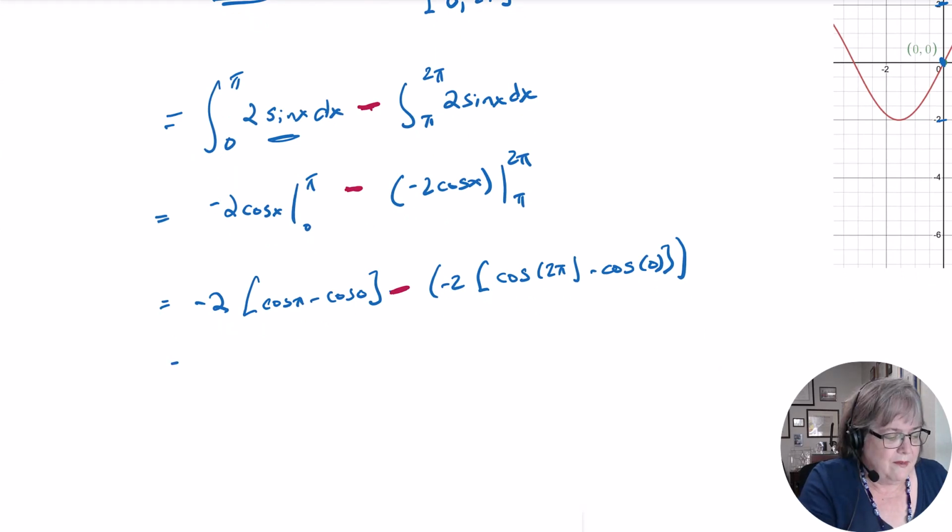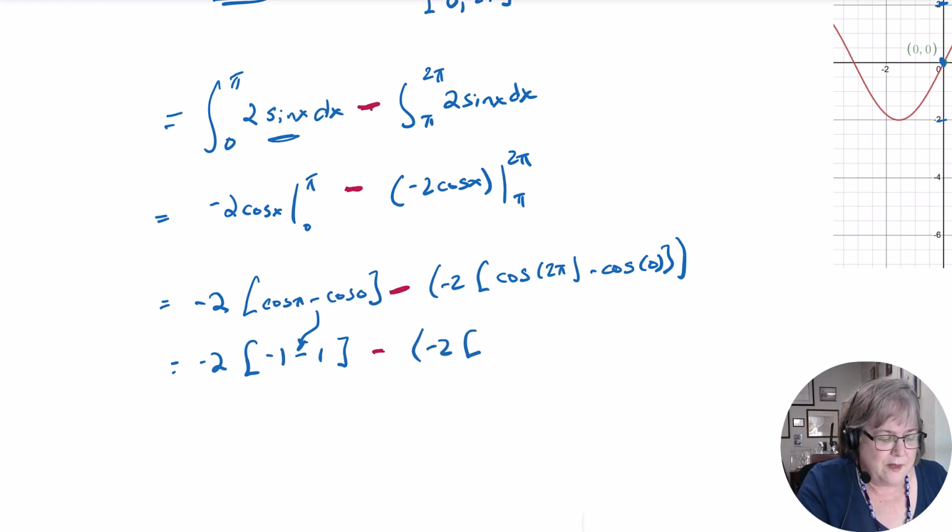So I would have negative 2, cosine of pi is negative 1, cosine of 0 is 1, okay, but then I have this subtraction sign is this one, minus negative 2, cosine of 2 pi is 1 minus, and cosine of 0 is 1.